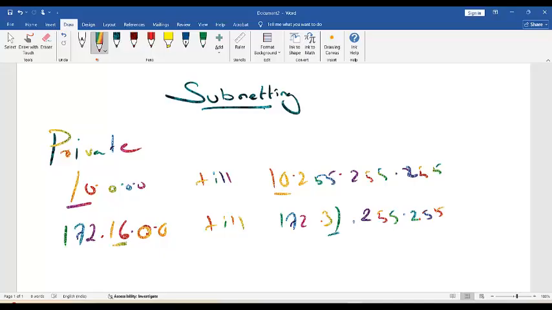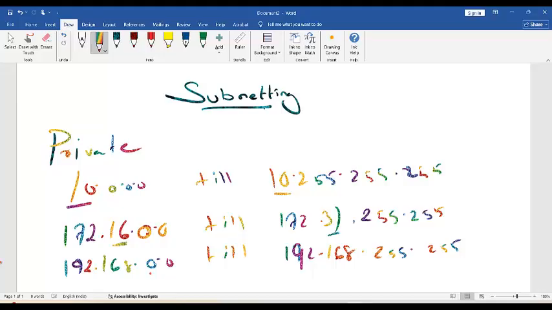This is the private range in class B. In class C, 192.168.0.0 network till 192.168.255.255. You see here, network 0 to 255. There are 256 private networks in class C.